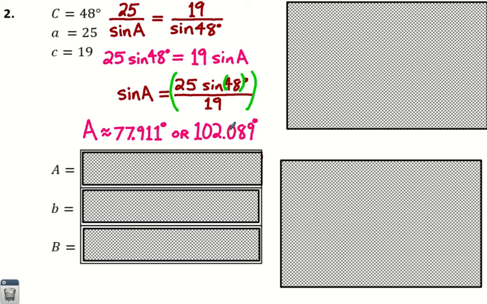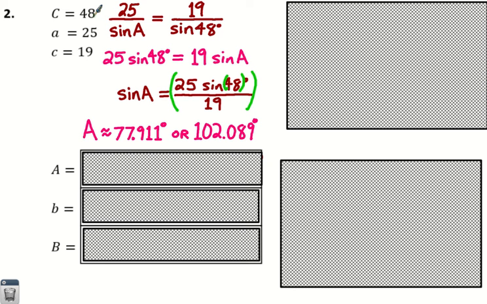And then you have to see if this quadrant 2 answer is even realistic. Is it even possible? And when you check what the first angle was, so if angle C is 48 degrees and that's locked in, could your next angle be that big? Well, it looks like yes.